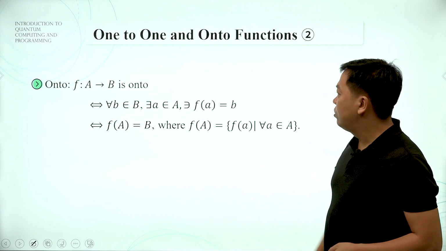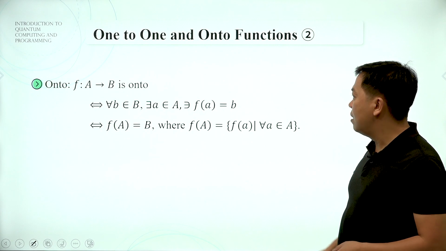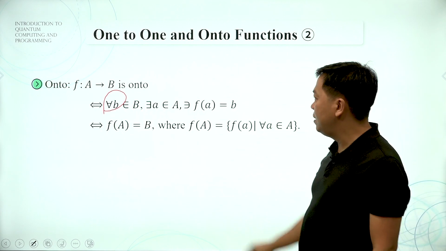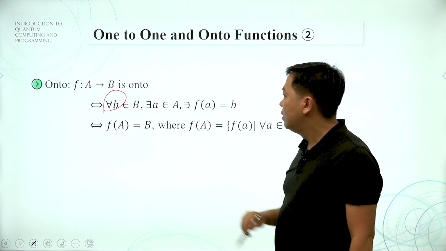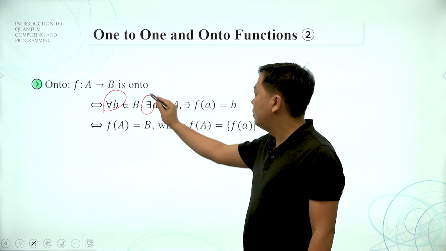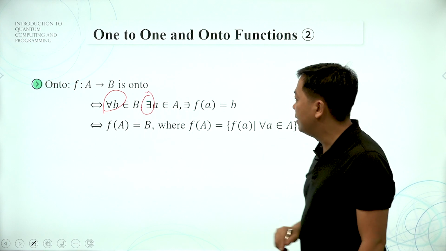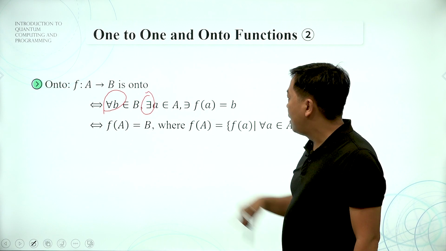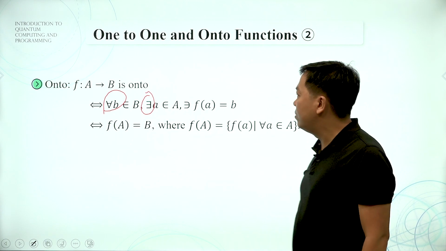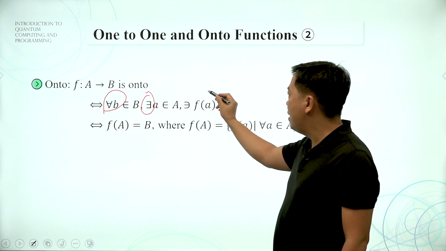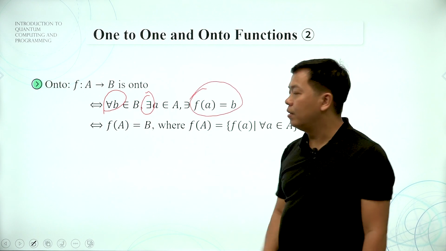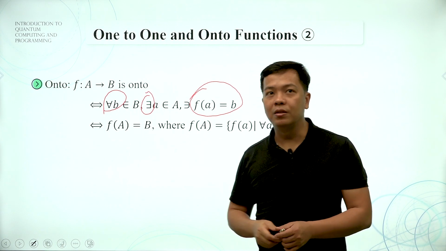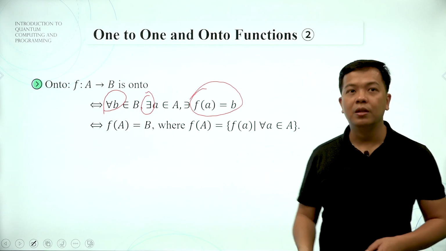About onto: this one is, I think, for all the values in B, there exists an alpha or A, capital A, in A. So if such a transformation exists, we say it is onto, the onto function.